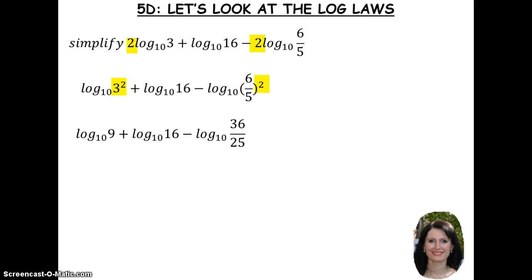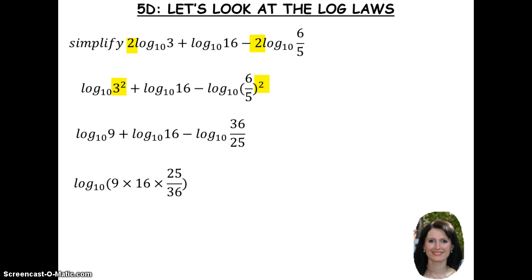Now I'm going to square those numbers, so we get log base 10 of 9 plus log base 10 of 16 minus log base 10 of 36/25. In order to add and subtract these, what I need to do is multiply.